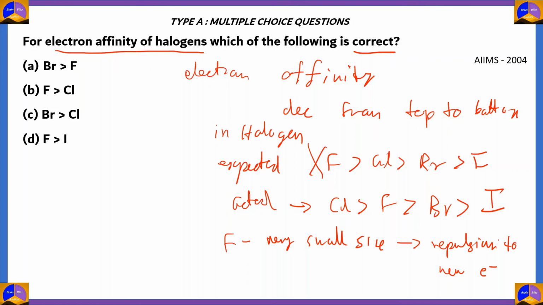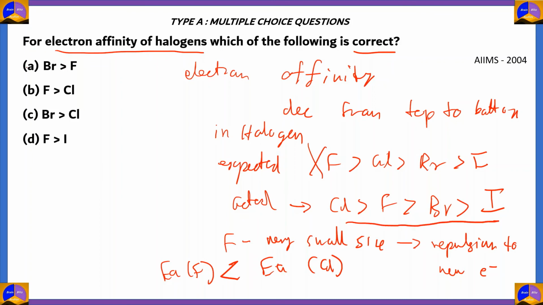So therefore, the electron affinity of F is always lesser than the electron affinity of Cl. And this is one of the reasons why fluorine is mostly anomalous. So moving on, the actual order is Cl greater than F greater than Br greater than I.